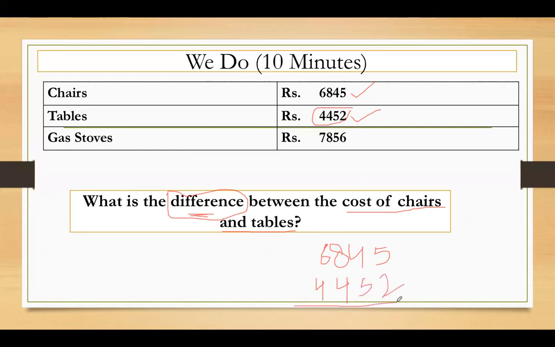Now put a minus sign here, the subtraction sign. Now you are going to solve this. If you don't know how to solve it, then please ask your parents or call Bhaiya. I'm going to give you 1 minute to solve this question. Okay, your time starts now.